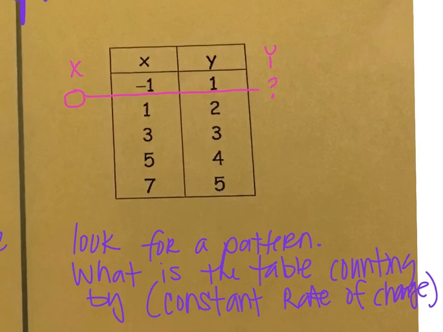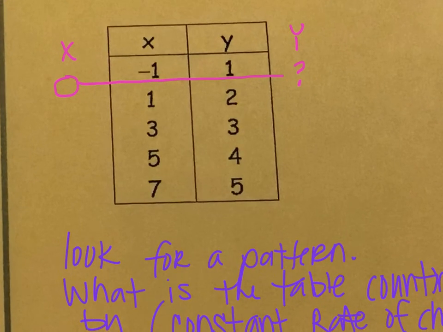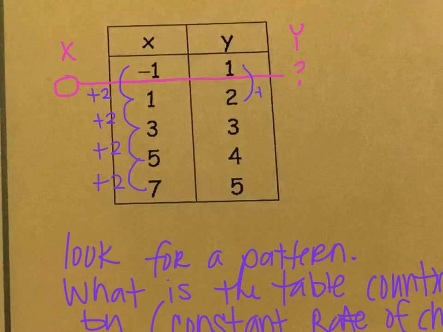When I look at this table, it looks like it's counting by 2s. When I go down, that's plus 2 from 1 to 3, plus 2 from 3 to 5, plus 2 from 5 to 7, plus 2. Now I'm going to go down the y side. It increased by 1, increased by 1, increased by 1, and increased by 1.